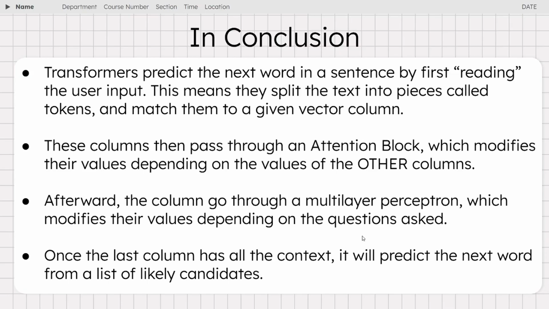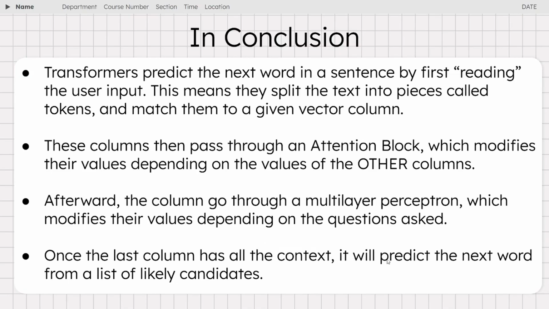So for example, if we have the last column or the last word as the word is, then it will be able to predict the next word because from doing this, it already knows who that person is, or who the subject is that we're talking about. So if we were talking about a dinosaur, a ferocious predator, then it already knows that it's a T-Rex.